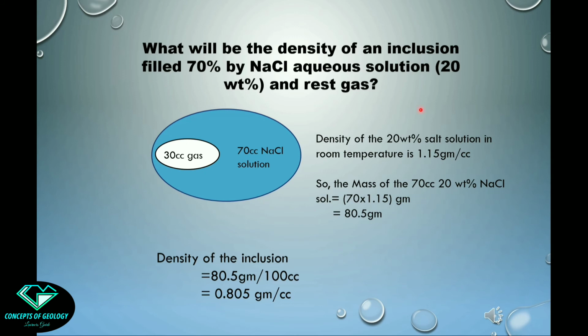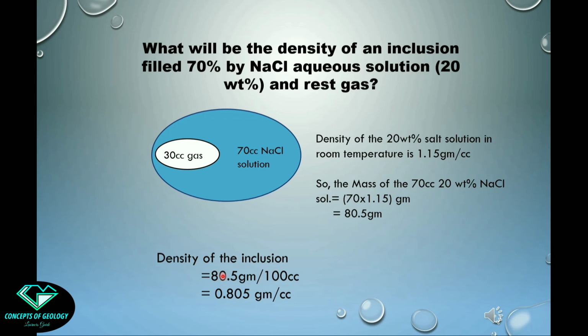We know the density of the 20 wt% salt solution at room temperature is 1.15 gram per cc. So the mass of the 70 cc 20 wt% NaCl solution will be 70 multiplied by 1.15 gram, that is 80.5 gram. So the density of the inclusion will be the total mass, I mean the mass of the NaCl solution, because this gas phase will have a negligible amount of mass.